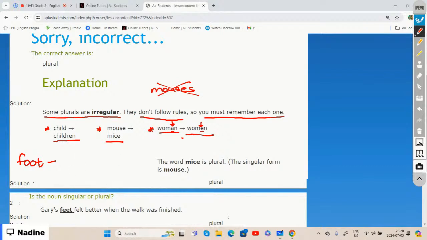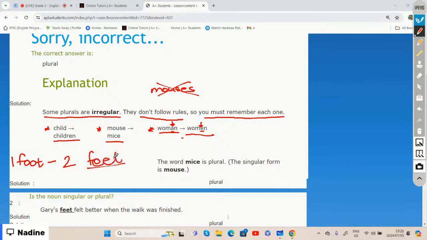So we have one foot, but we have two feet.